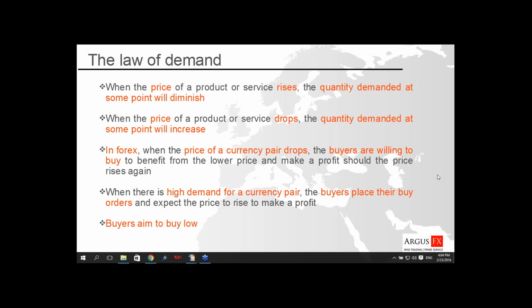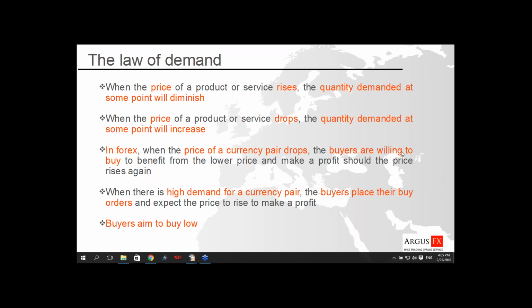Therefore, similarly in Forex, when the price of a currency pair drops, the buyers are willing to buy in order to benefit from the lower price and make a profit at some point in time. When there is a high demand for a currency pair, the buyers place their buy orders.